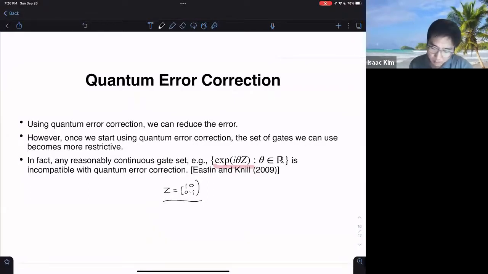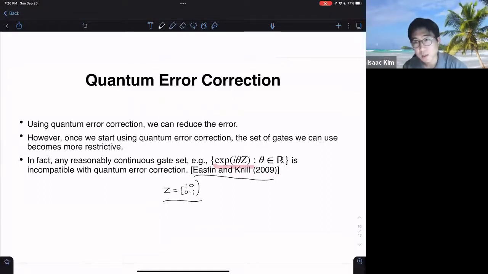People have shown that if you have a quantum error correction scheme that can implement these kinds of gates in a very straightforward way, I can explain more if you're interested, then the underlying quantum error correcting code cannot correct any error whatsoever. So it's completely useless for the purpose of quantum error correction.